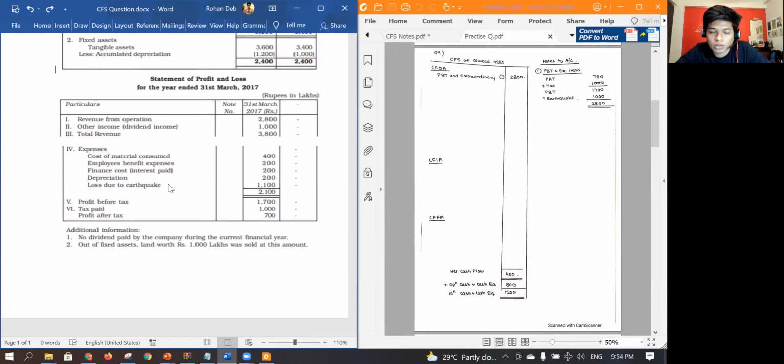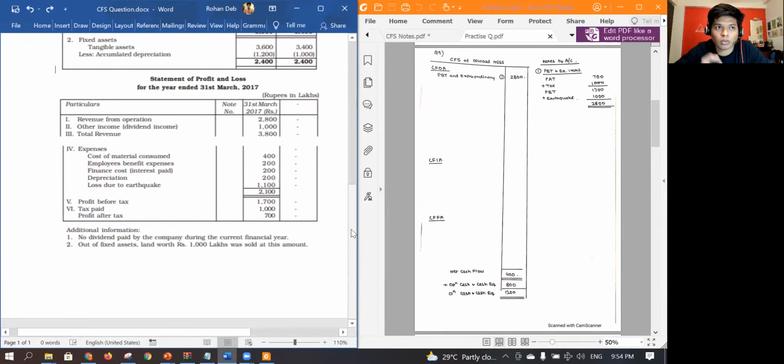Then loss due to earthquake. Loss due to earthquake is not an operating activity, it's a very extraordinary item. So what you do is add this back. Basically, why we are adding this back is 700 is my profit after tax, but 1100 is a loss due to an earthquake, which was not my operating expense.